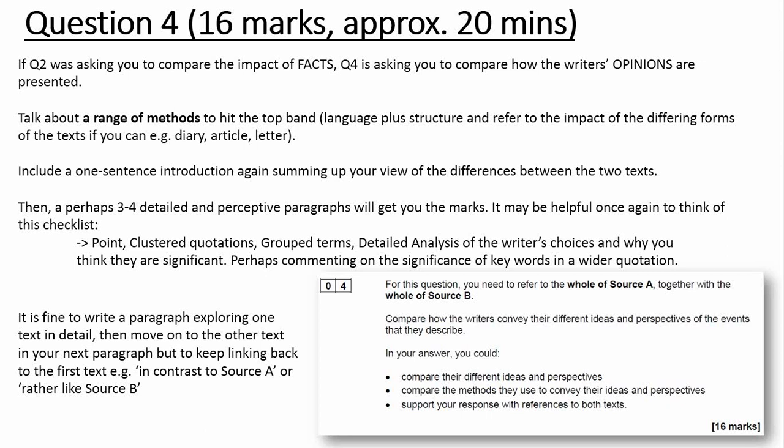So, for example, you might be saying things like, in contrast to source A, or rather like in source B. So there isn't a need for you to do any kind of complex or elaborate comparison where you're dancing around between texts and quoting from multiple texts together, unless you have a specific point that you want to make with that contrast. But there isn't a specific requirement you do it. It's perfectly acceptable to write about one text and then to write about the next text. And we'll look at an example of that in just a moment.